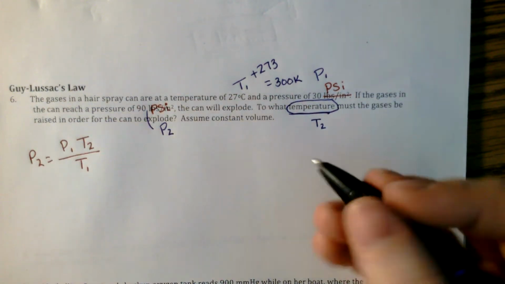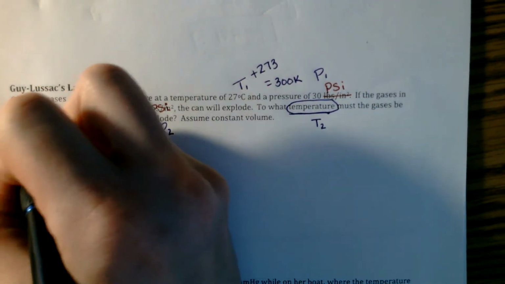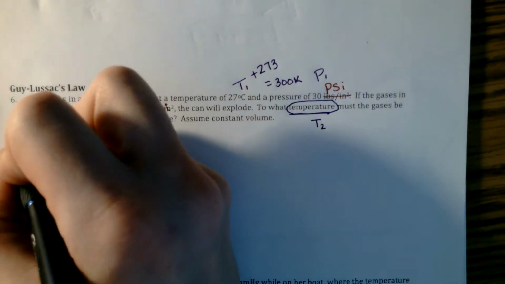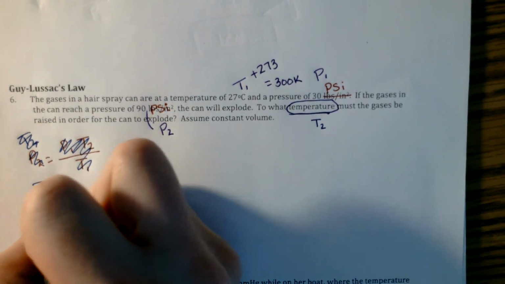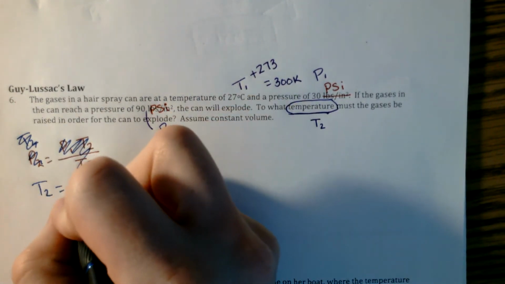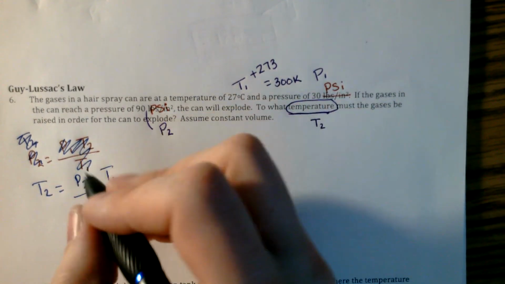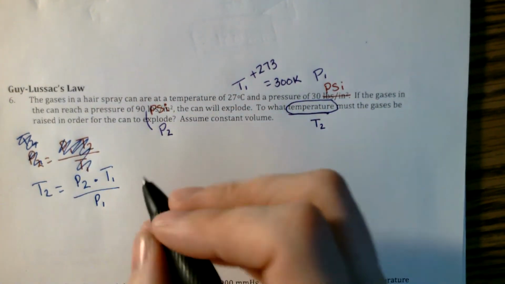I'm sorry, we are looking for temperature 2. So T2 is equal to pressure 2 times temperature 1 over pressure 1. Now we can go ahead and plug and chug.